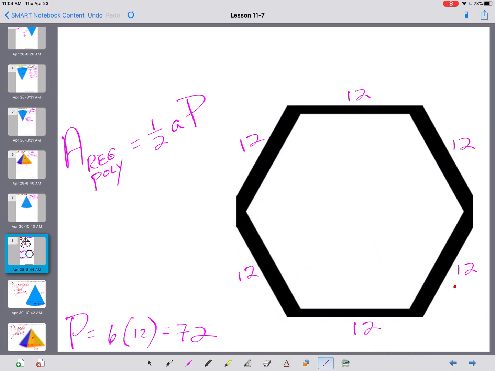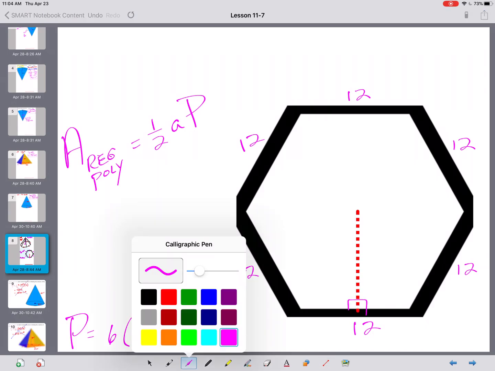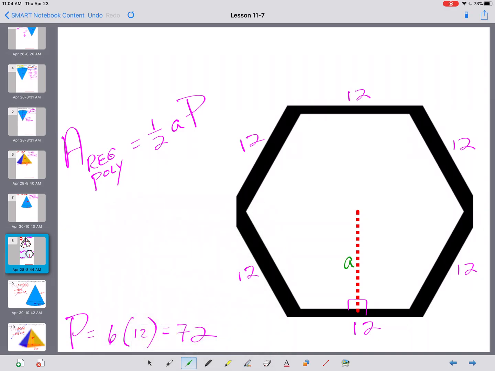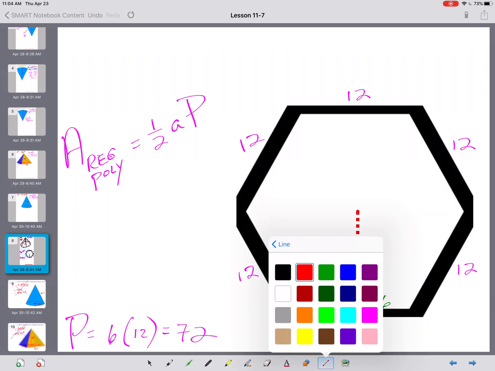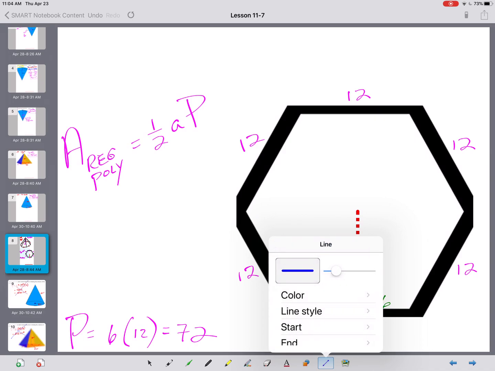Okay, here it comes. From the center of the shape to the center of the side. There is our apothem. Hey, it splits the side in half. 6 and 6. How do we figure that out? Well, what we've been doing the last couple times is I've been drawing in the central angles.